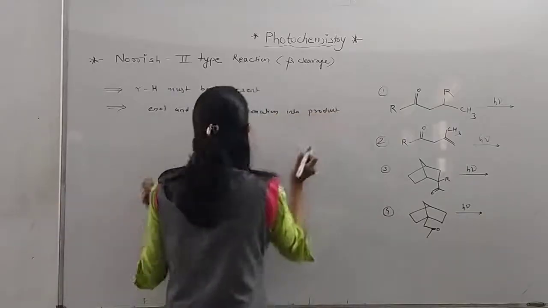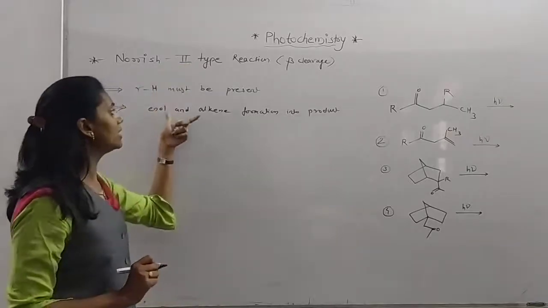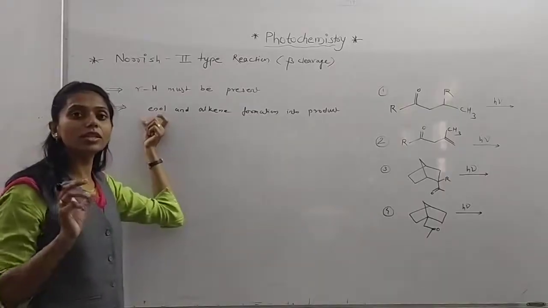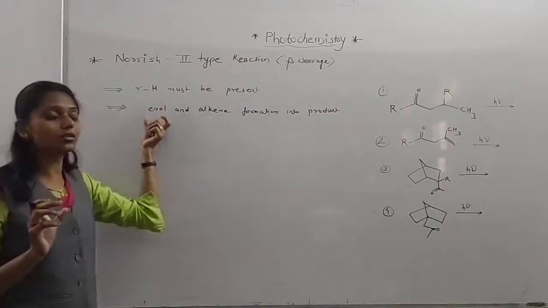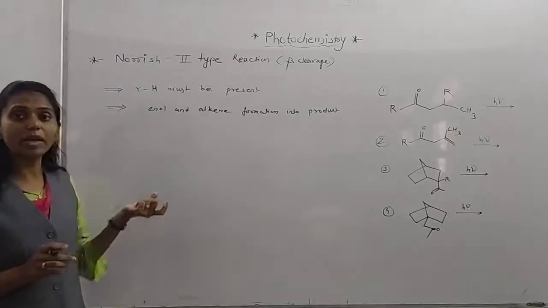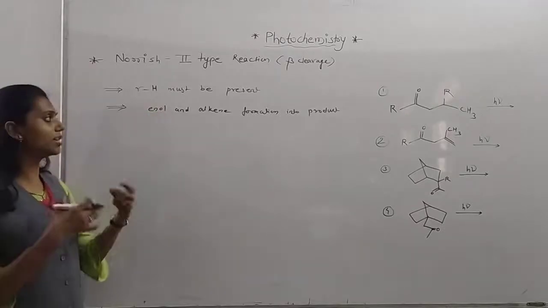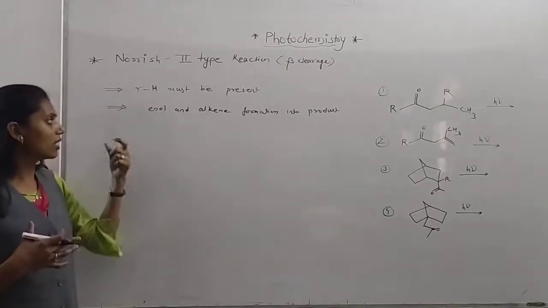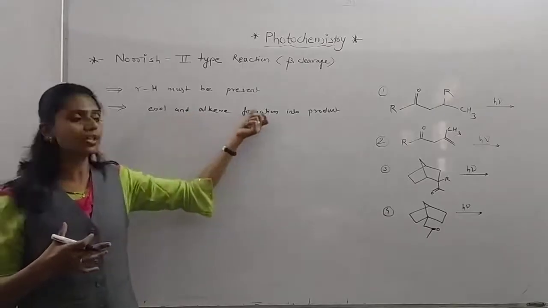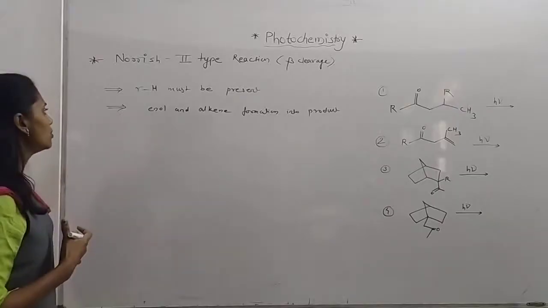If the reaction goes by Norrish type 2, then we always obtain enol and alkene as products. And you know that enol and ketone show tautomerism, and ketone is more stable than enol. So the enol is converted to the ketone form. So you can again say that ketone and alkene formation takes place in the Norrish type 2 reaction.